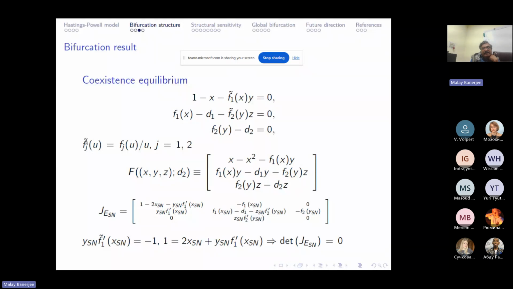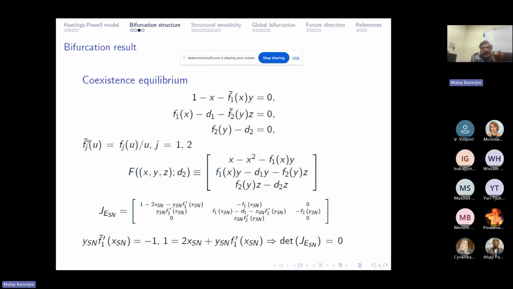And this f tilde j stands for FJU divided by U, because these FJs correspond to Holling type 2 functional responses. So in one case, it is A1x by 1 plus B1x. So F tilde 1 means actually A1 by 1 plus B1x.